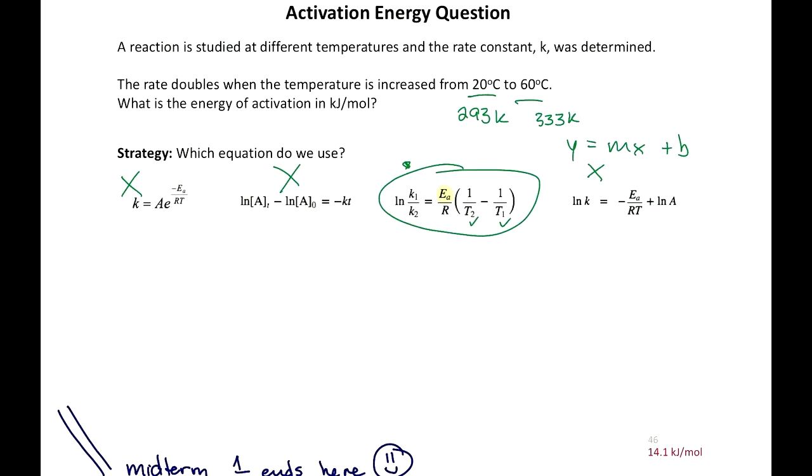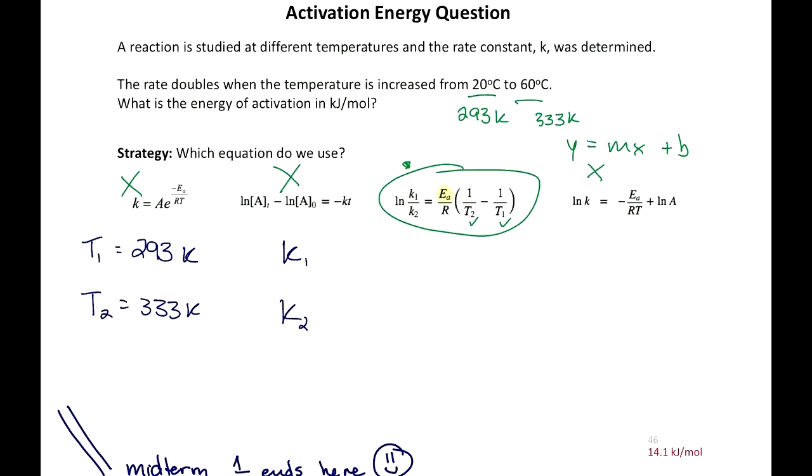Let me just go ahead and define our variables. I'm going to call T1 293 Kelvin, and I'm going to call T2 that 333 Kelvin. We need to figure out what is K1 and K2 at these temperatures. So we got to use reading comprehension. I don't tell you the rate constants explicitly, like I don't tell you numbers, but what do I tell you?